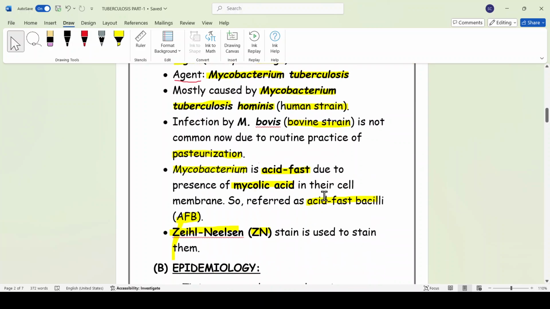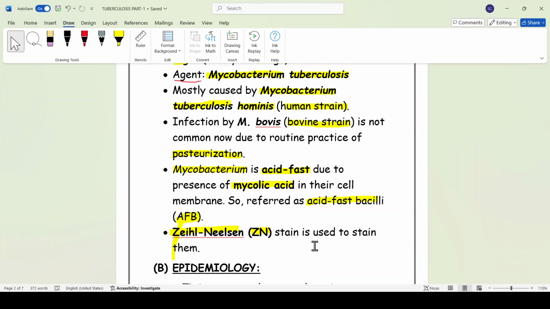Next, this organism, Mycobacterium, is acid fast. Now, what is the reason for Mycobacterium being called acid fast? Always remember that if we try to stain it using the normal stains or dyes, we cannot stain it because it will not take the color.